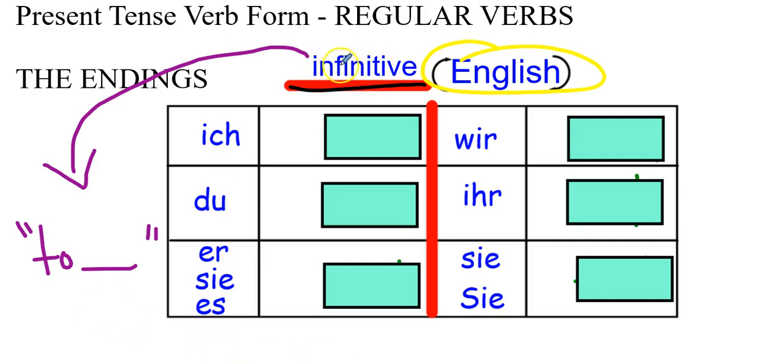So this idea of the infinitive is in English "to" whatever. So verb charts that we use will typically have the verb form in its infinitive form, and then it will say in English, what does it mean? So "to" followed by that verb.